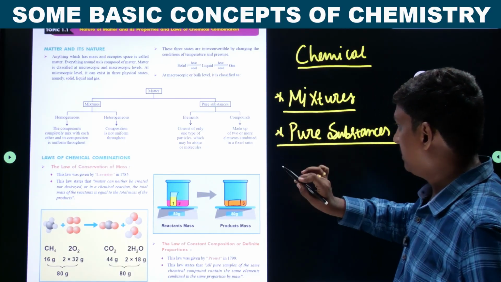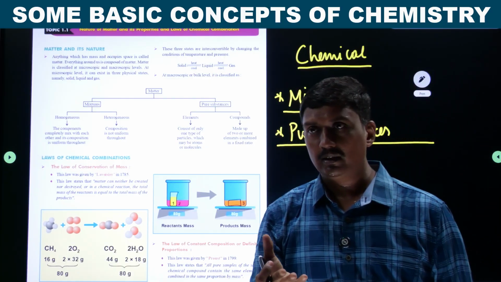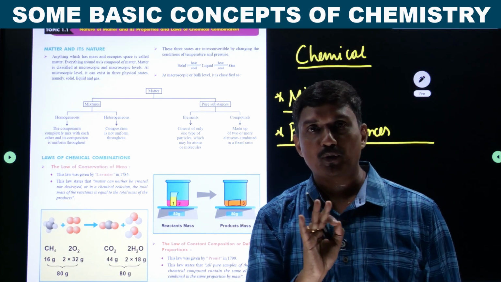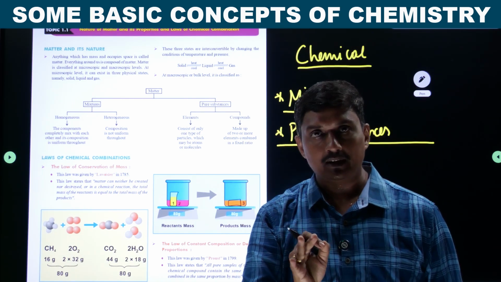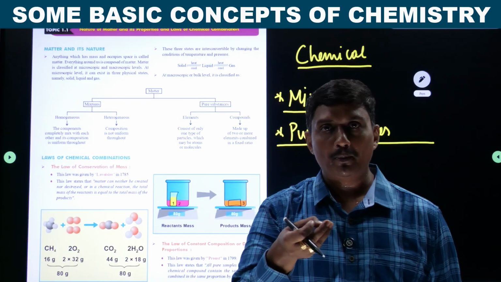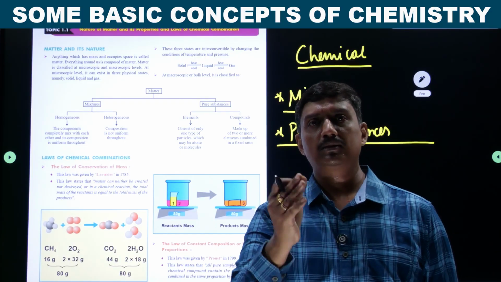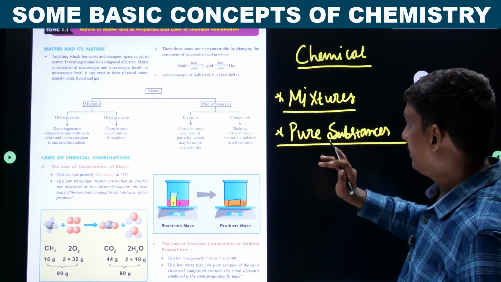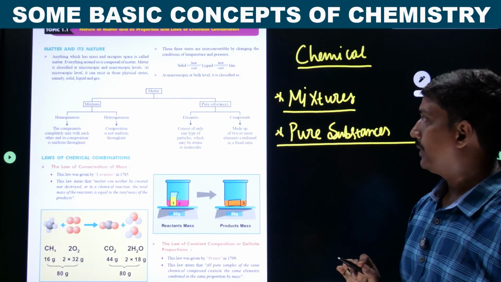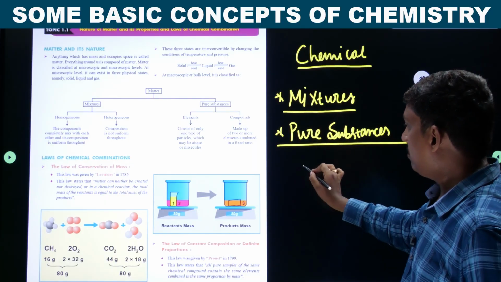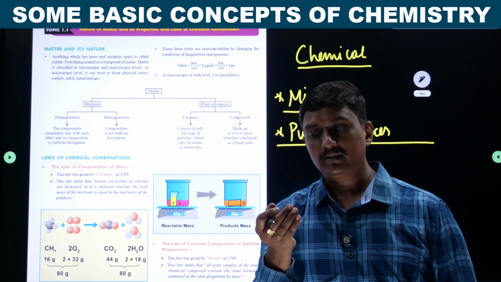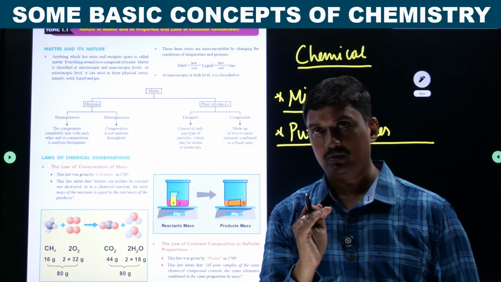Pure substance means that if you take anything, the entire components are the same. There is no difference from one part to another. Such a thing is said to be a pure substance. So now we are discussing one by one. A mixture is nothing but something made up of two or more substances.